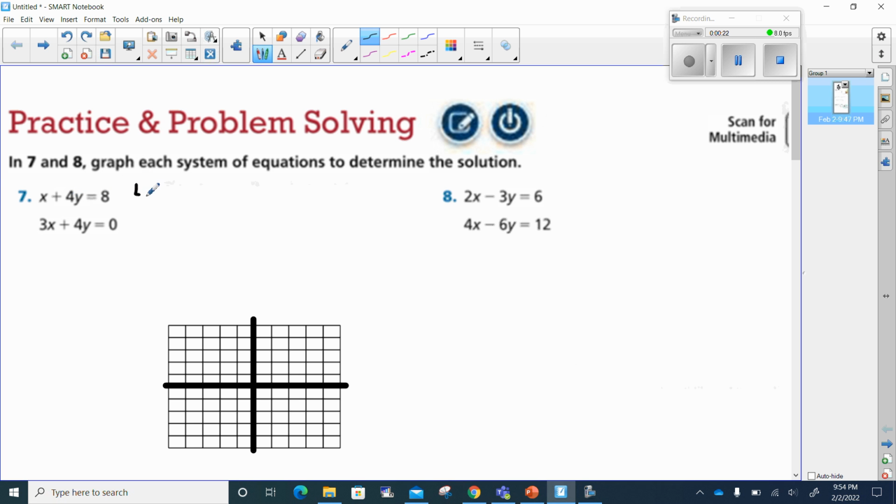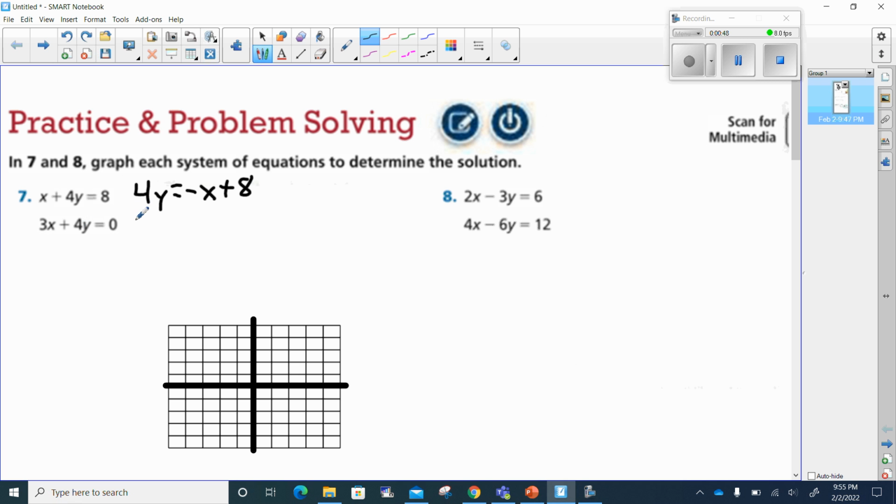I'm going to change it to be 4y equals, this x is going to have to go on this side, so we have negative x, and this is going to be plus 8. All right, when I divide, might not even have to divide.